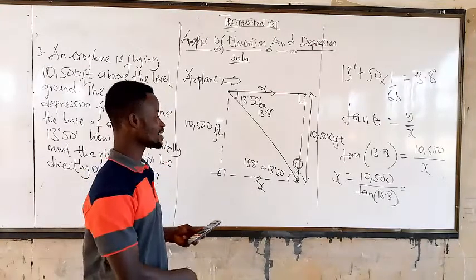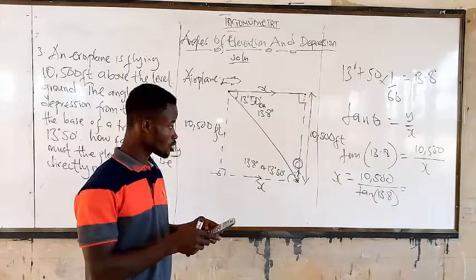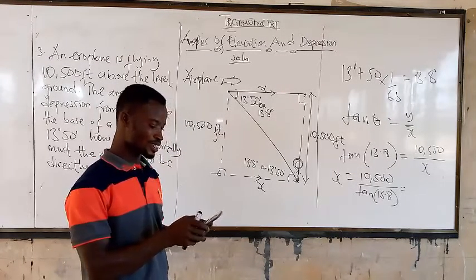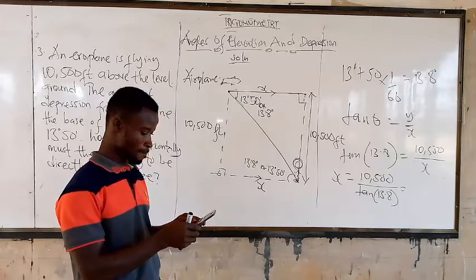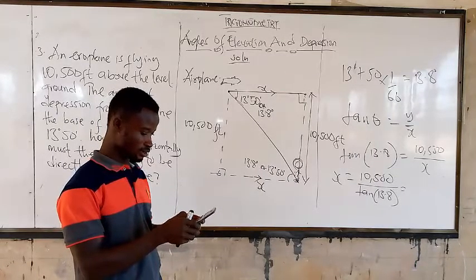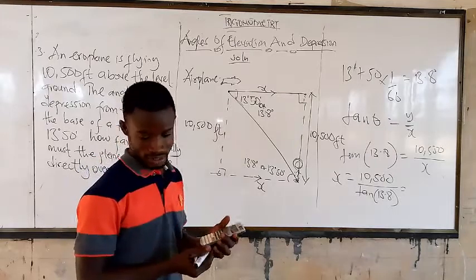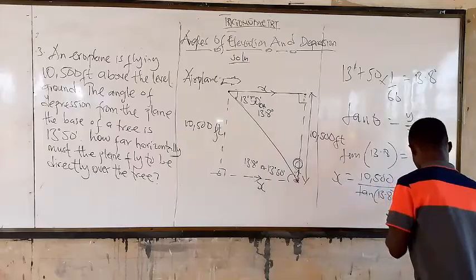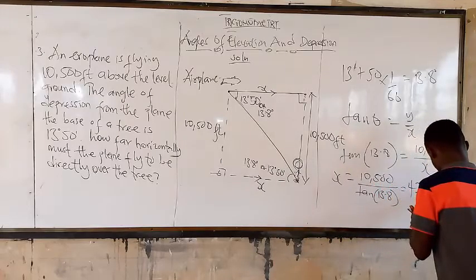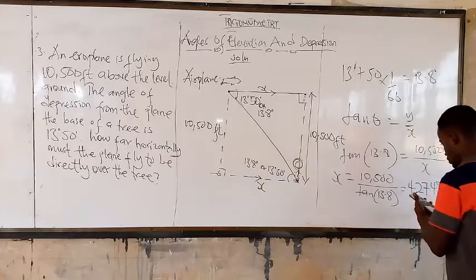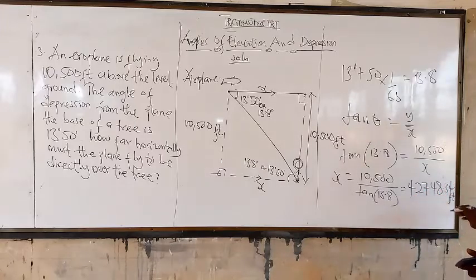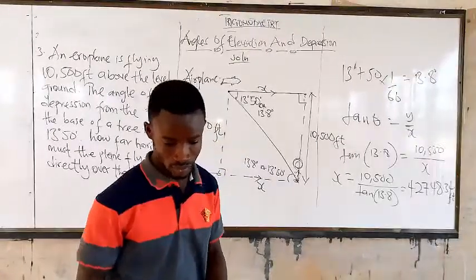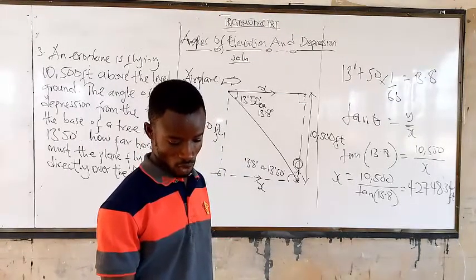And that is going to give us 10,500 over tan 13.8, which gives us the answer in feet.